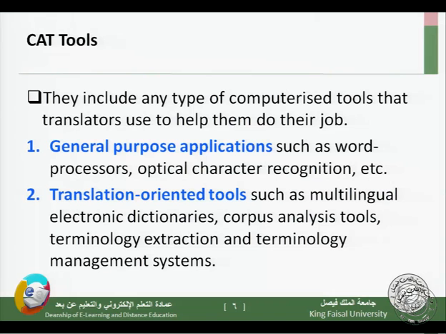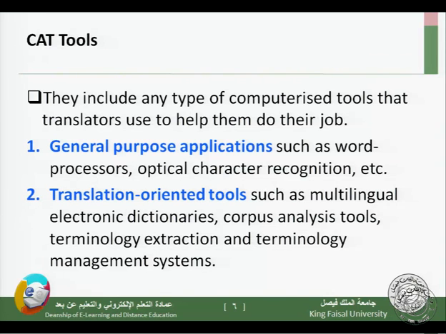Now, what kind of tools does this CAT have? We have any type of computerized tools that translators use to help them do this job. This includes any type of CAT tool. As long as it is computerized, you can say it is an aid or a tool.